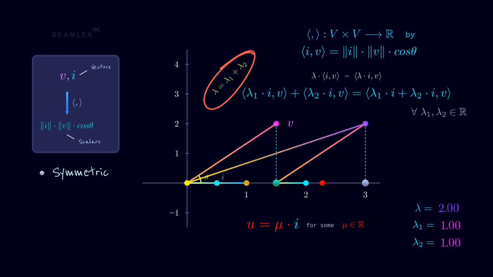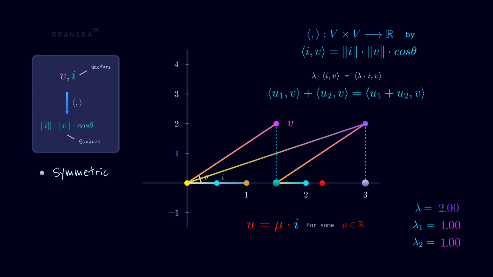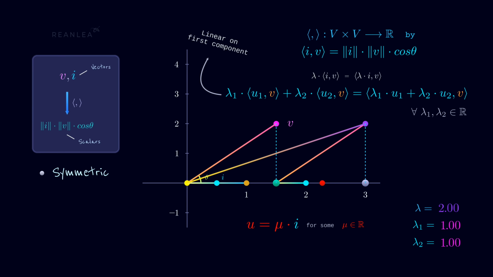And that's why we can write down the equation as the inner product of u1 and V plus the inner product of u2 and V is equal to the inner product of u1 plus u2 and V. And further generalization gives us the summation of inner products of lambda 1 times u1 and V and lambda 2 times u2 and V is equal to the inner product of lambda 1 times u1 plus lambda 2 times u2 and V for all lambda 1 and lambda 2 in the scalar field R. And this result further indicates that the inner product is linear on its first component.